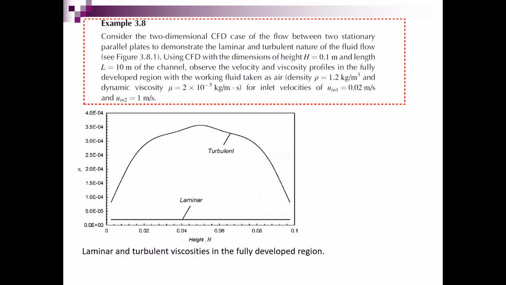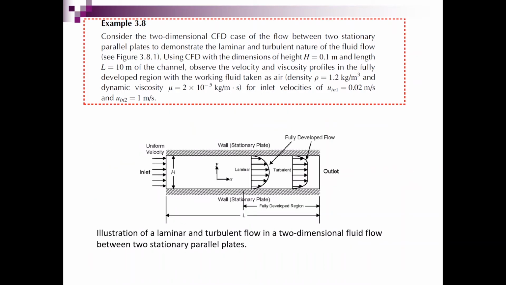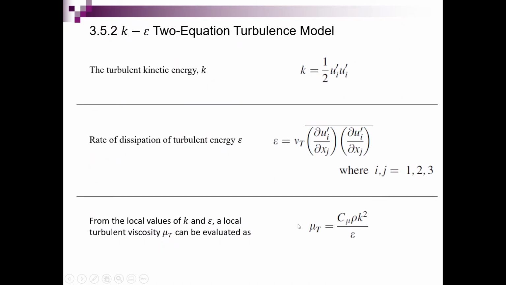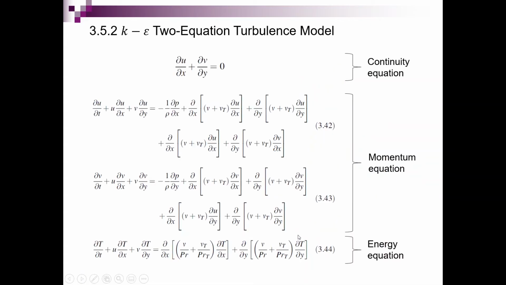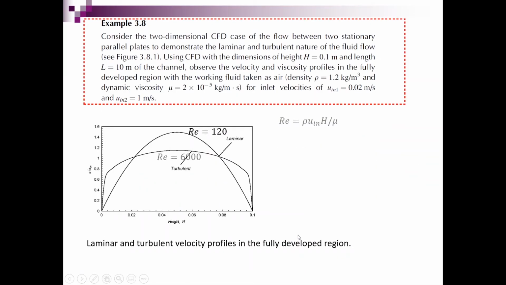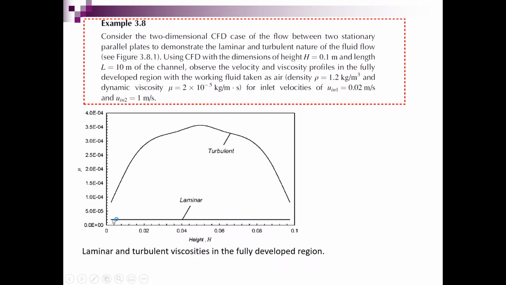If you look back at the equations, this is mu T, the turbulent viscosity. The difference is that the laminar one is the mean viscosity when there is no turbulence, and then this is the turbulent one.